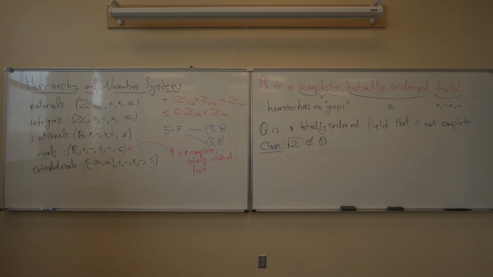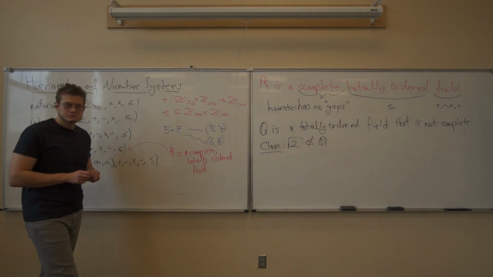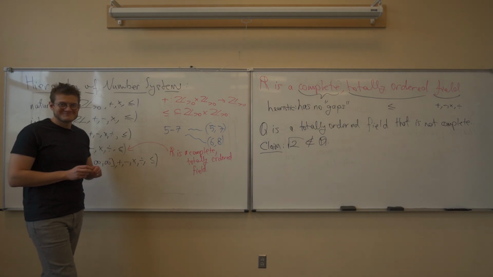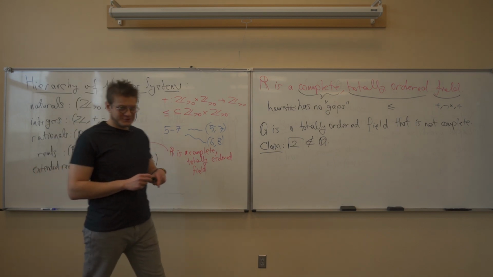Well, we can define Q to be a over b, where a and b are both integers. And I know we can do it with, not contrapositive, but contradiction.